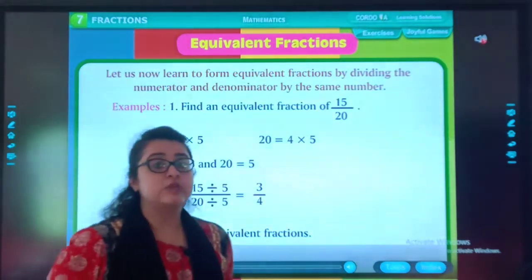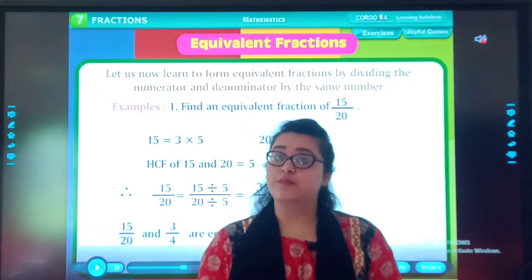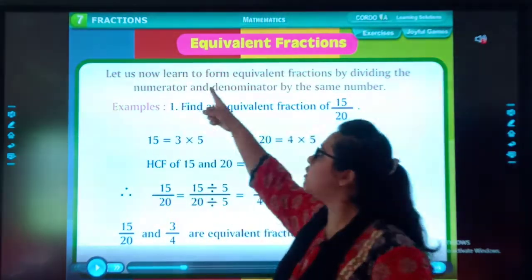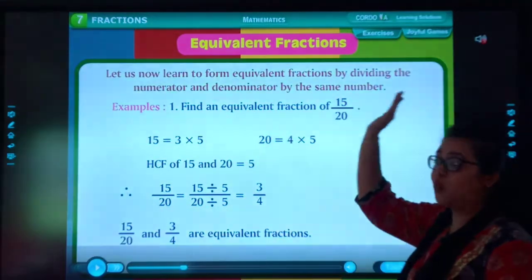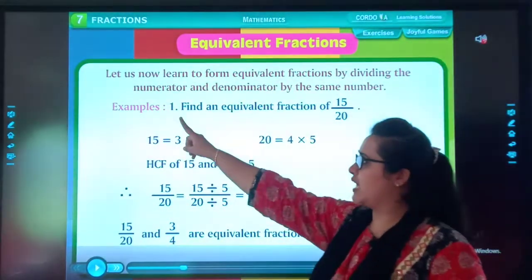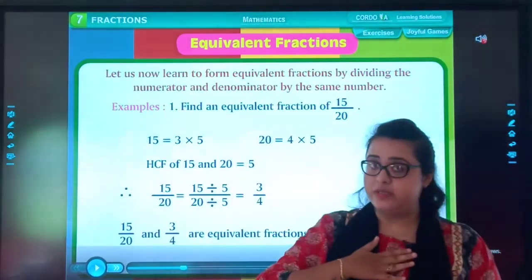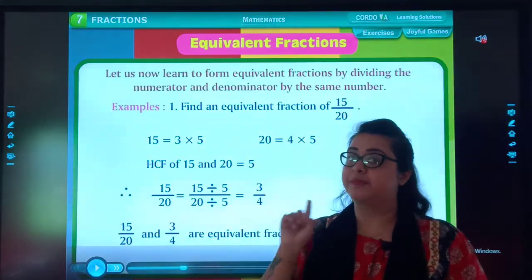Students, in this we are supposed to make the equivalent fractions. Now I will divide the numerator and the denominator by the same number.